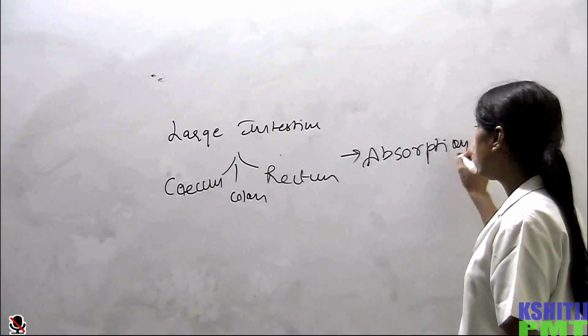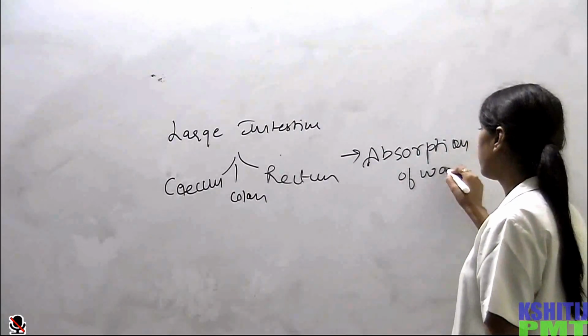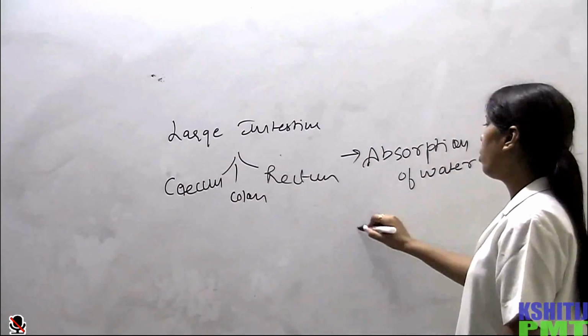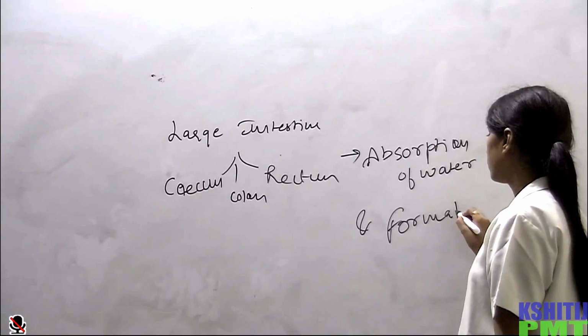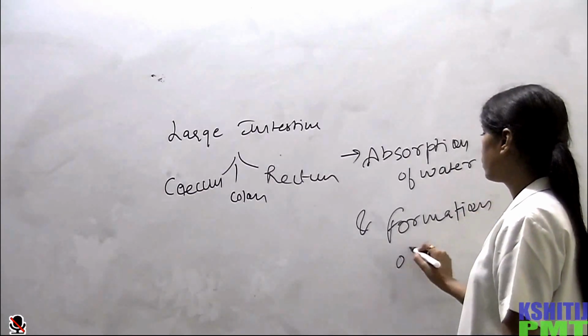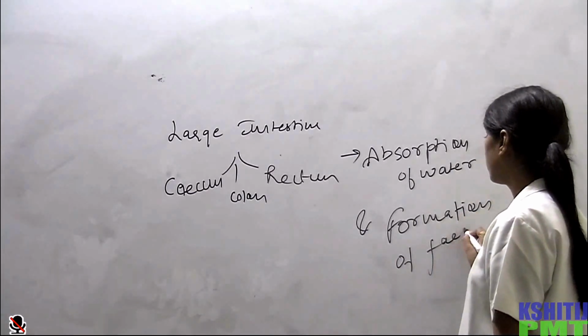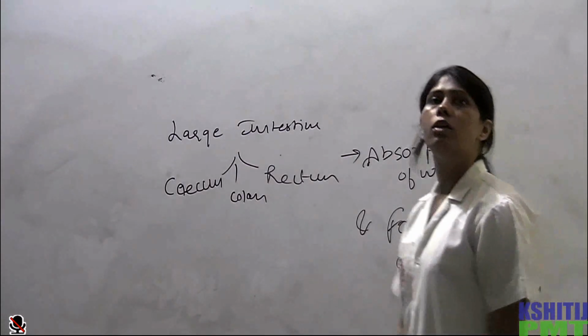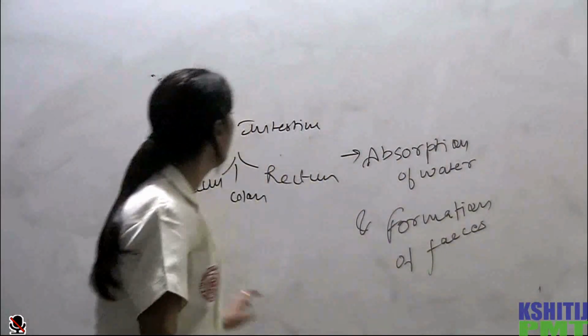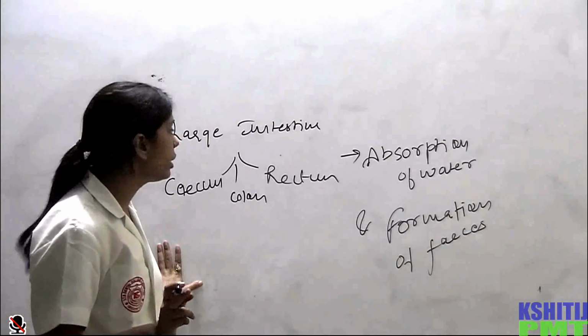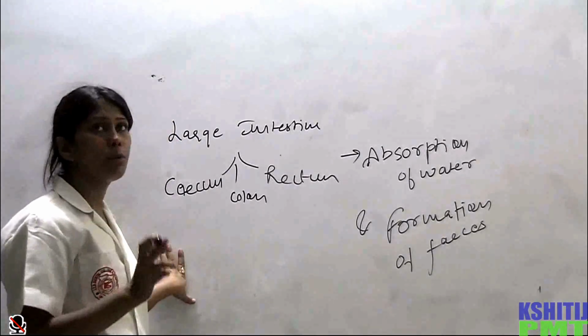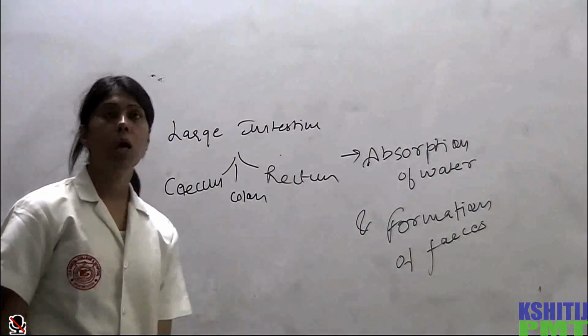It just helps in absorption of water and formation of feces. So these are the two functions of the large intestine. It doesn't help in digestion, it doesn't help in absorption. Okay, so now we are done.